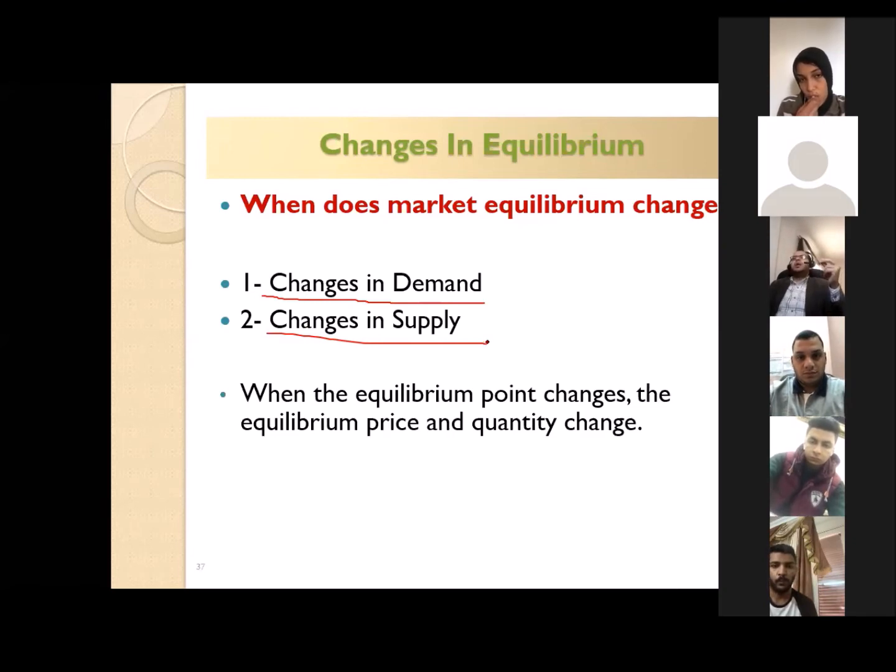This will lead to a change in the equilibrium situation. So the first thing I ask myself is whether the factor that changed affects supply or demand. Then my next stage is whether the effect is positive or negative.